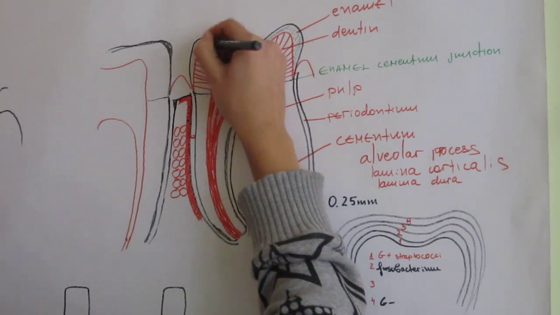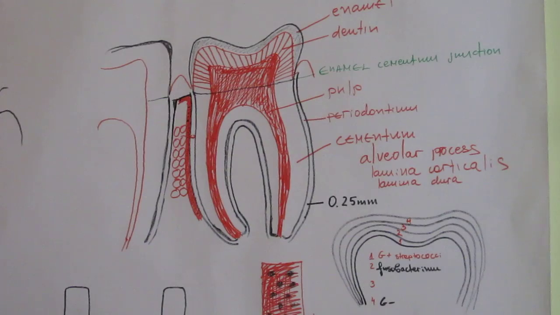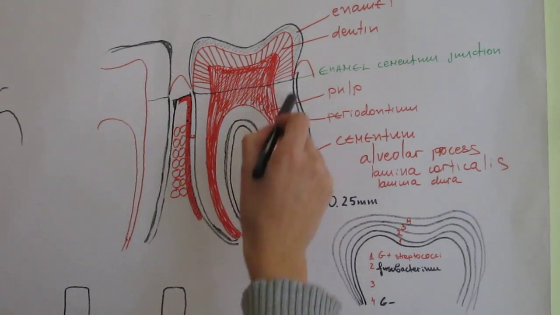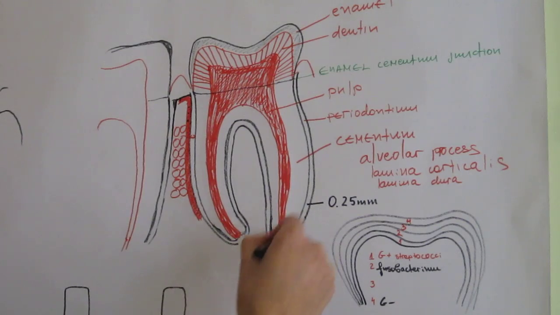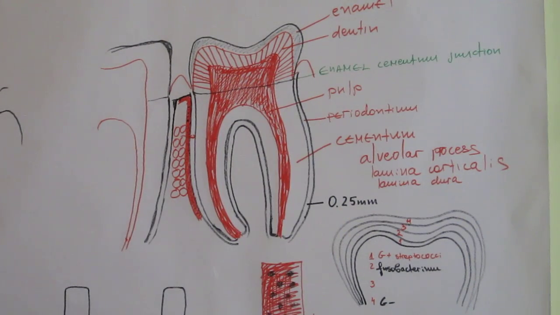It's a very resistant structure. So this periodontal space is filled with a lot of cells, also periodontal ligaments. These periodontal ligaments are composed of collagen, and they have different directions in different parts of the tooth.